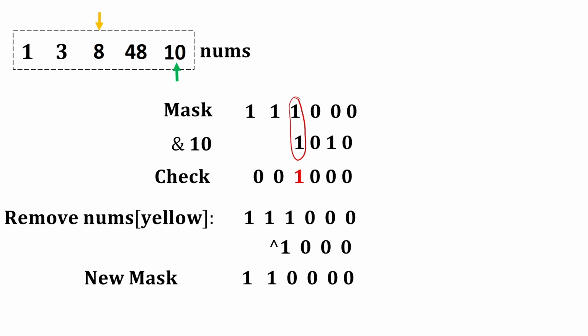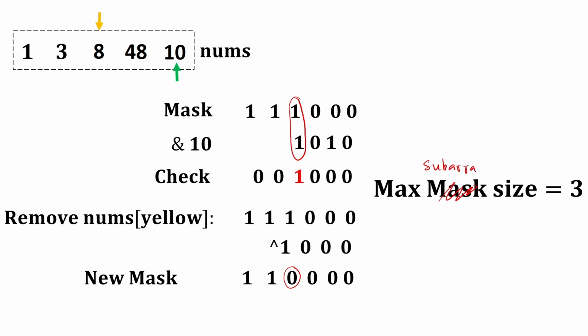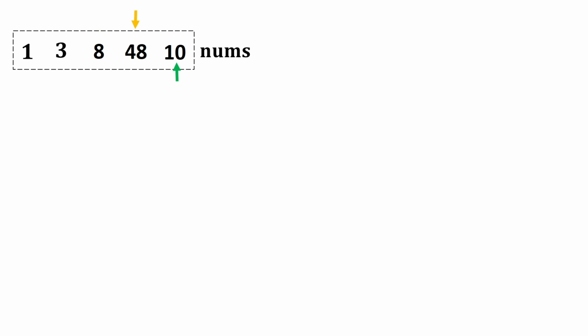Now see, once you have removed the contribution, now this place is freed. So removing just makes the position free for the next element's set bit to come. So the maximum size of the mask of the subarray still remains 3 because you've just deleted.